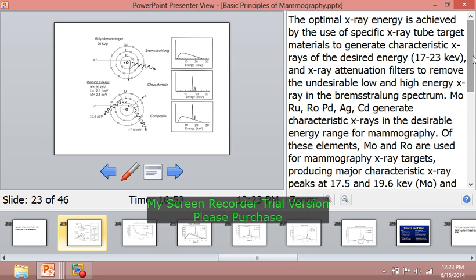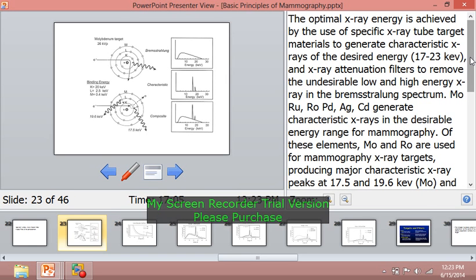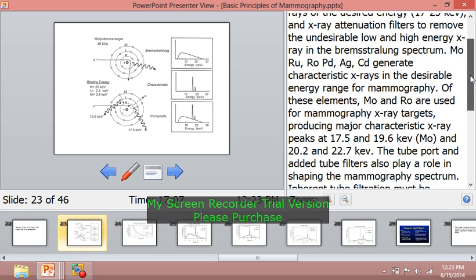So the optimal X-ray energy is achieved by the use of specific X-ray target material to generate the characteristic X-ray energy of 17.5 to 23 kiloelectron volt, and X-ray attenuation filters to remove the undesired Bremsstrahlung radiation. So we can use molybdenum, rhodium, ruthenium, which generate the characteristic X-rays in the desired energy for the mammogram.